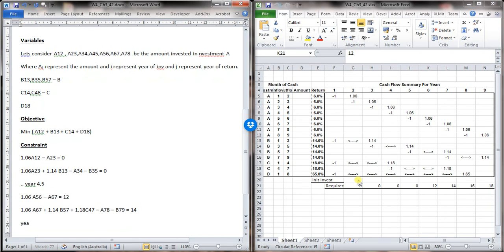Similarly, we will go through years 8 and 9. So this is our LP and this is our spreadsheet model.